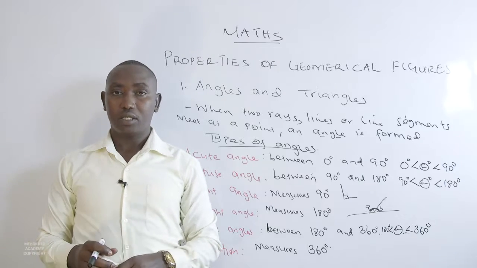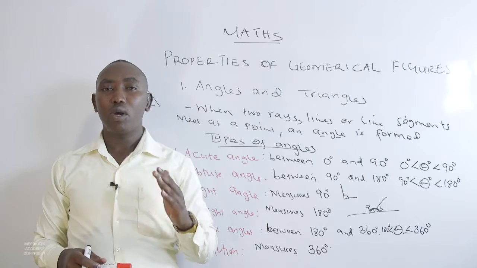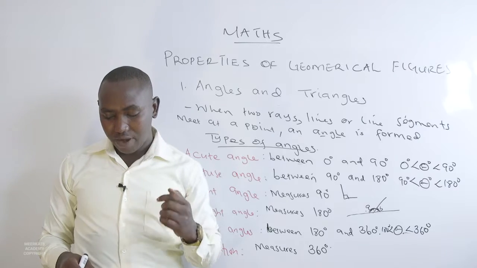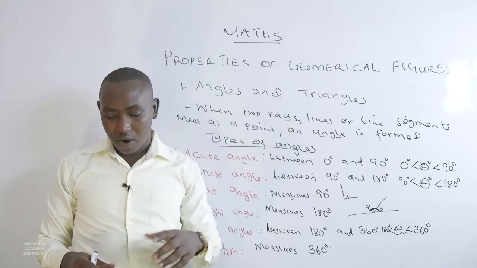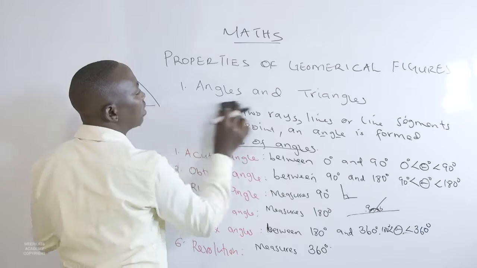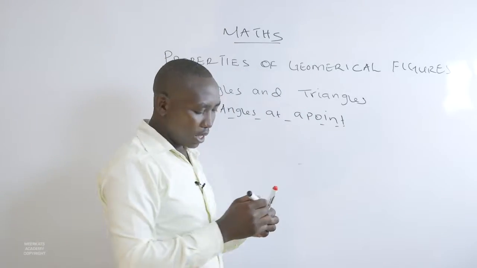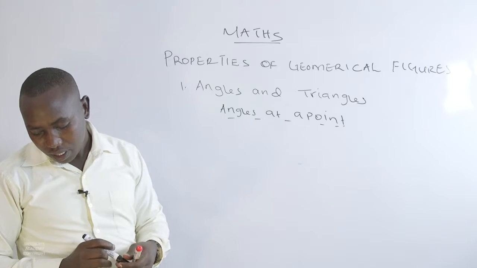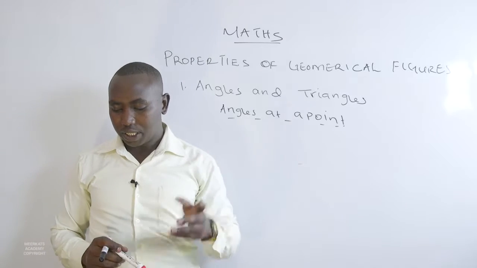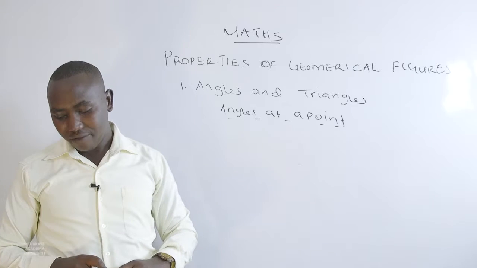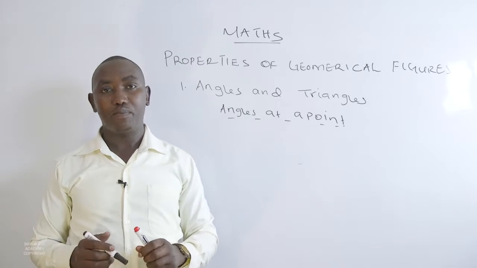At some point, we might have what we call angles at a given point. Let us look at how they behave. For angles at a particular point, we have 4 of them.